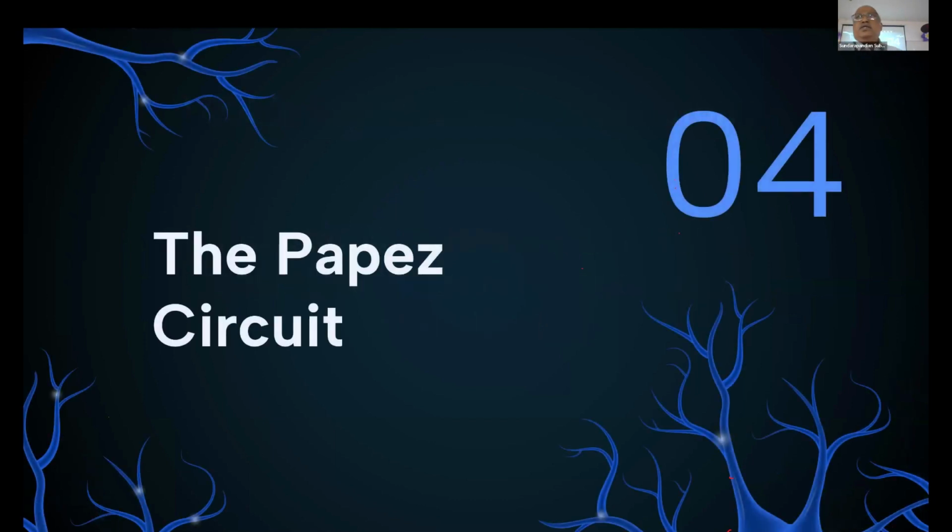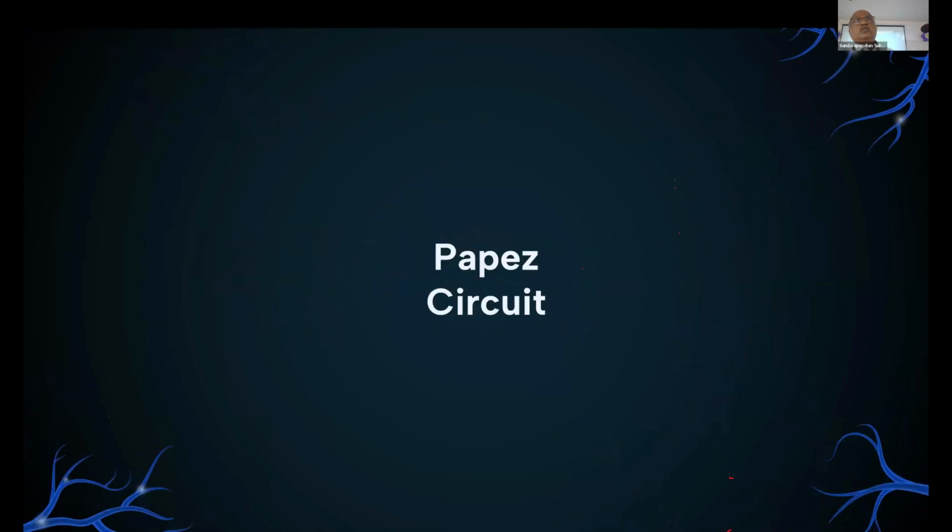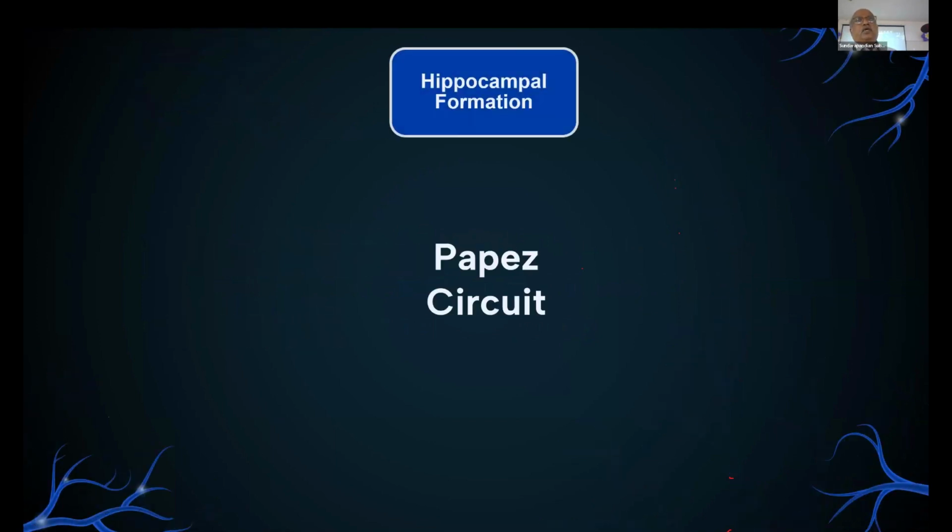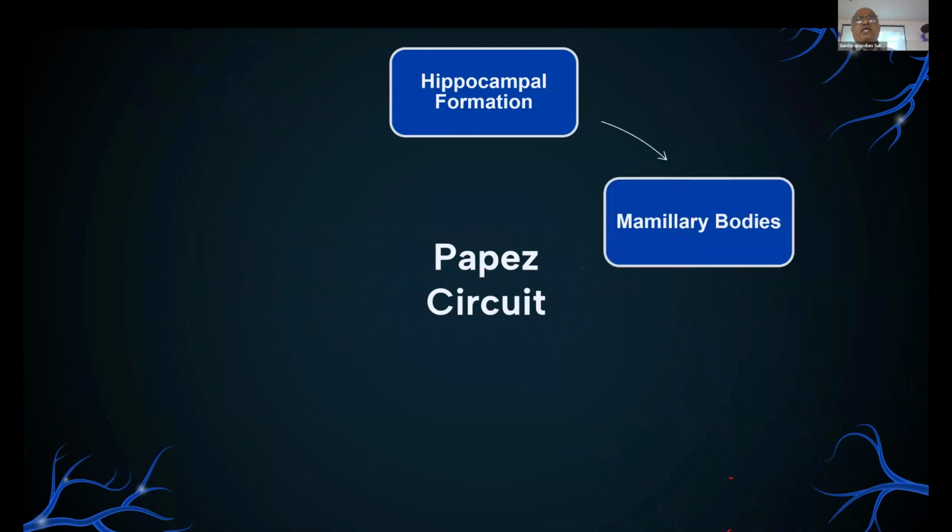Now that important part comes, the PAP circuit. The hippocampal formation. Already I told you only hippocampus, isn't it? Hippocampal formation means, in the next slide I will show what it is. This hippocampal formation is connected to the mammillary body through the fornix. So you have to trace the hippocampus, alveus, fimbria, fornix.